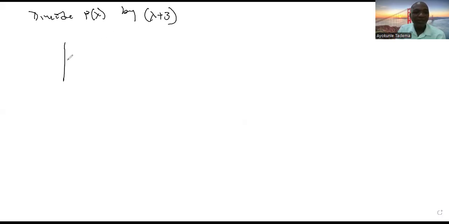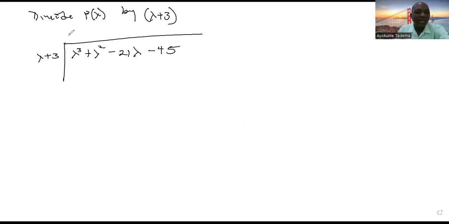You can just use long division. We have lambda plus 3, and the other one is lambda raised to power 3 plus lambda squared minus 21 lambda minus 45. Lambda raised to power 3 divided by lambda is lambda squared. Lambda squared multiplied by this is lambda raised to power 3 plus 3 lambda squared. This one becomes negative, and I have minus 2 lambda squared.